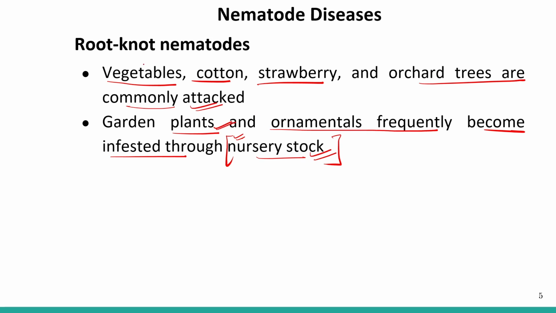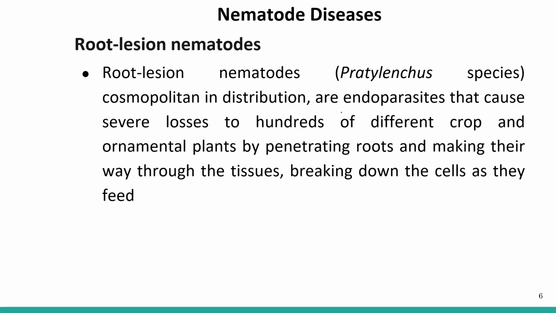So they cause lots of harm to our vegetables, cotton, strawberry, and orchard trees, because they are present in the roots and cause lots of damage to the root, and in turn damage the whole plant.